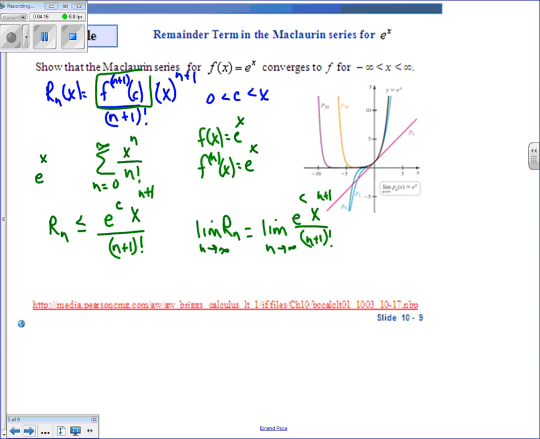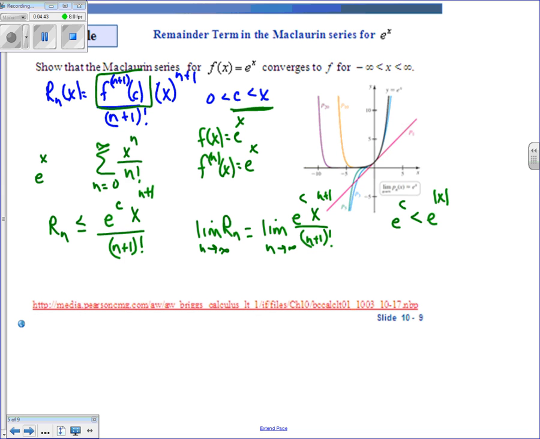What I want to do is note that since c is less than x, e to the c is going to have to be less than e to the absolute value of x. Now, I don't know if x is positive or negative, so I guess this was really just if x was positive. So c had to be somewhere between negative x and x, depending on whether c was positive or negative.